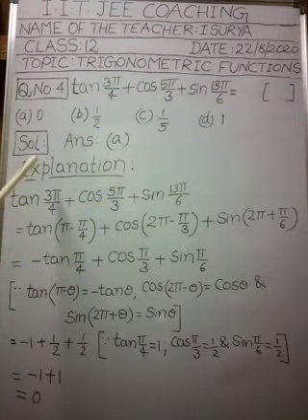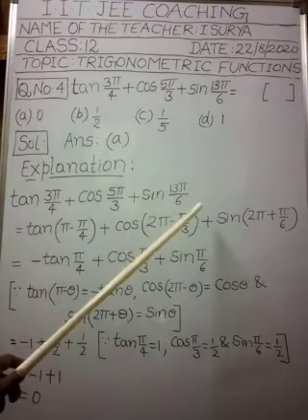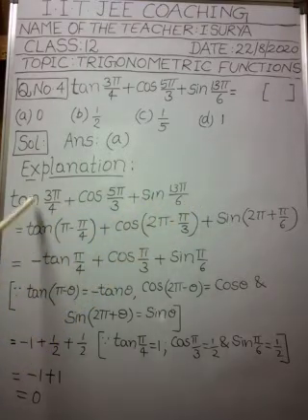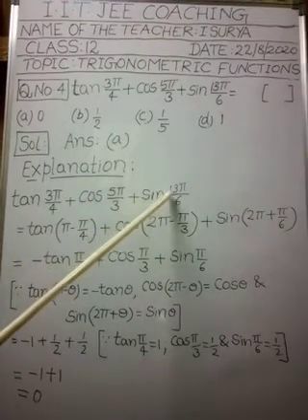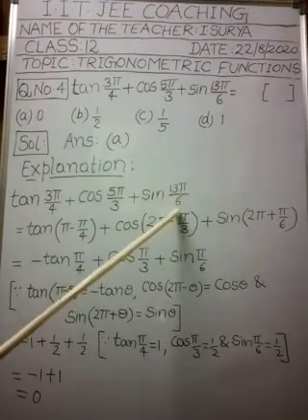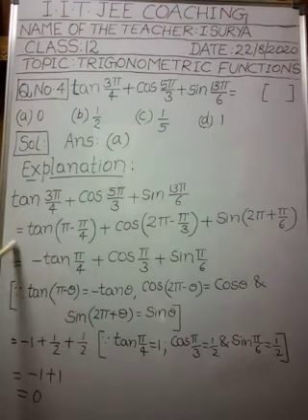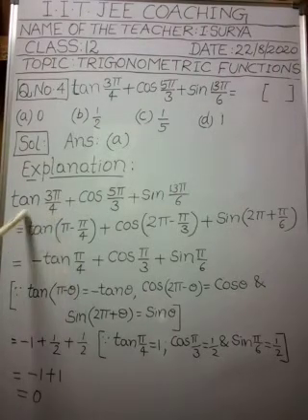Let us see the explanation. I wrote the given expression as it is: tan 3 pi by 4 plus cos 5 pi by 3 plus sin 13 pi by 6. Right. That is equal to, see this first term, tan 3 pi by 4.